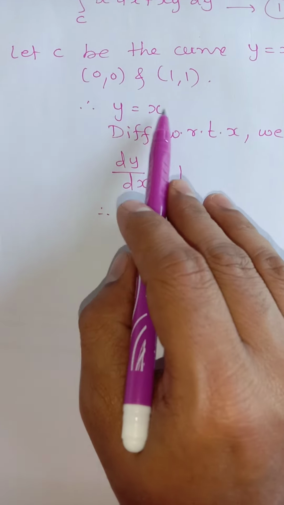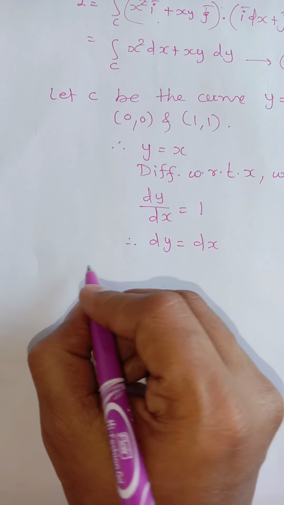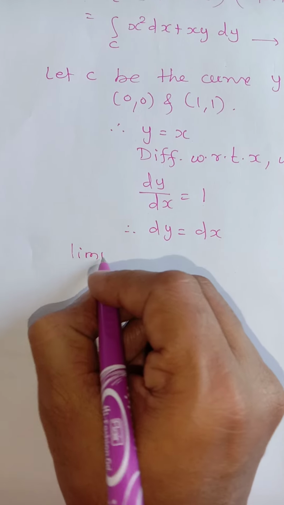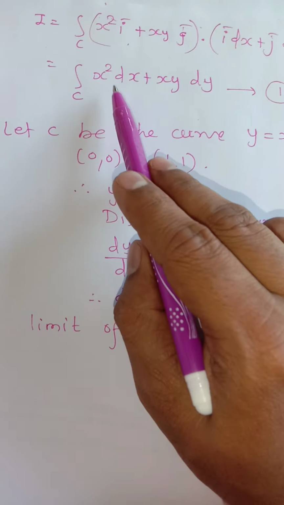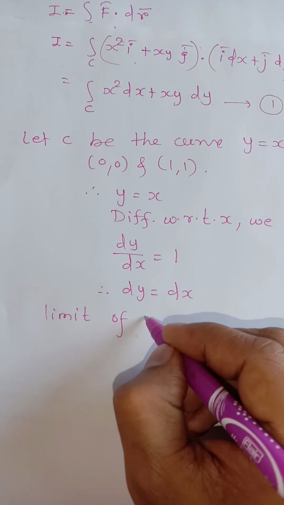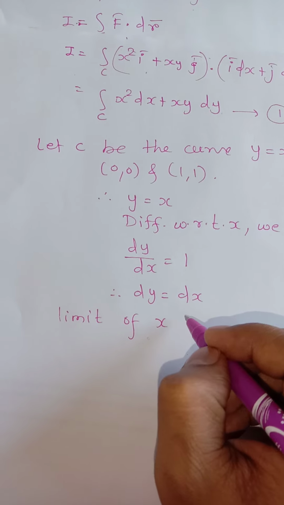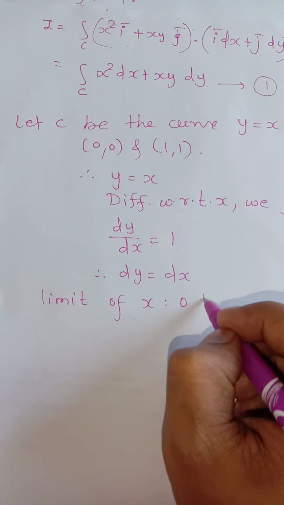So we put y is equal to x and dy is equal to dx, and the limits of x, because we have to convert all the variables into x, are 0 to 1.